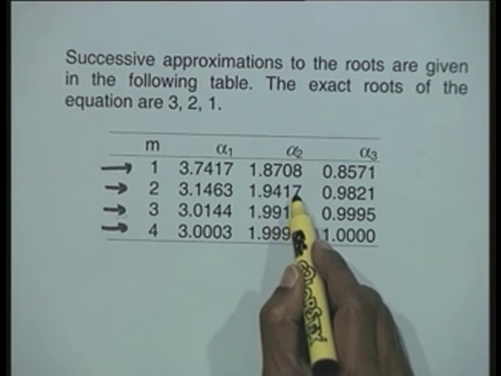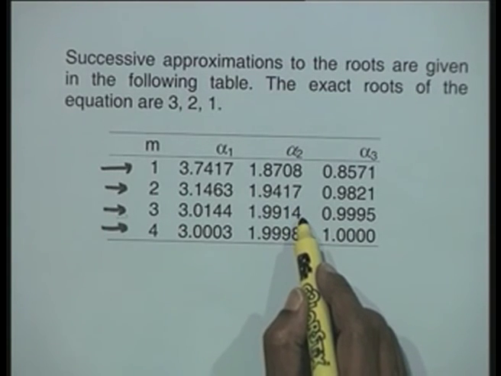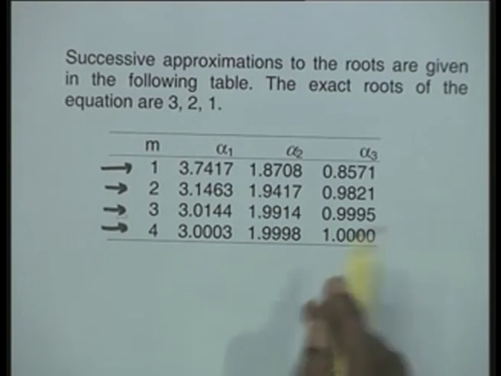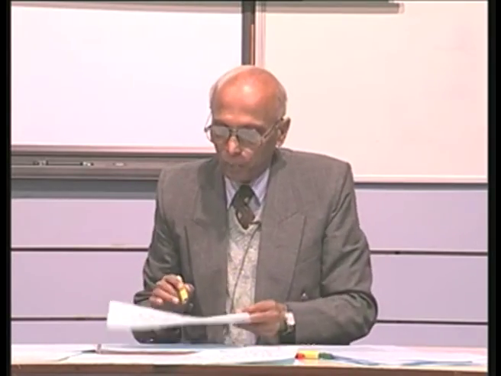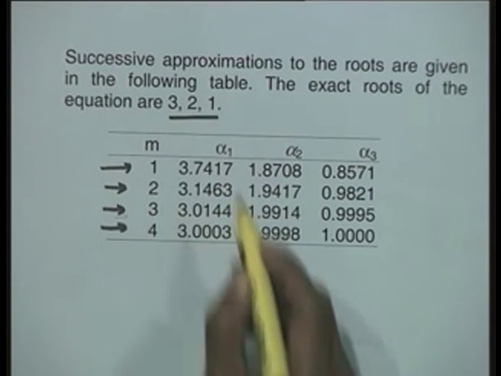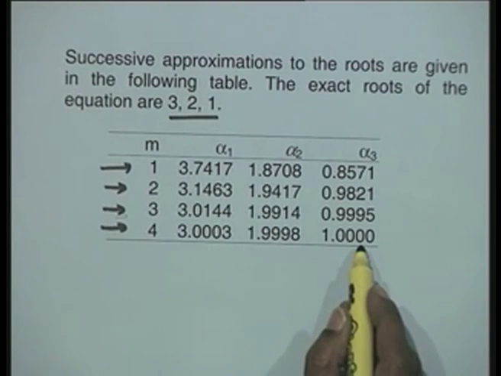In the next squaring we are dividing by 2 squared, that is 4. In the third squaring we are using 2 cubed, that is 8. In the last squaring we are using 2 to the power of 4, that is 16. So this table value is obtained, and you can see the exact roots are 3, 2, 1, the exact solution of this particular equation.